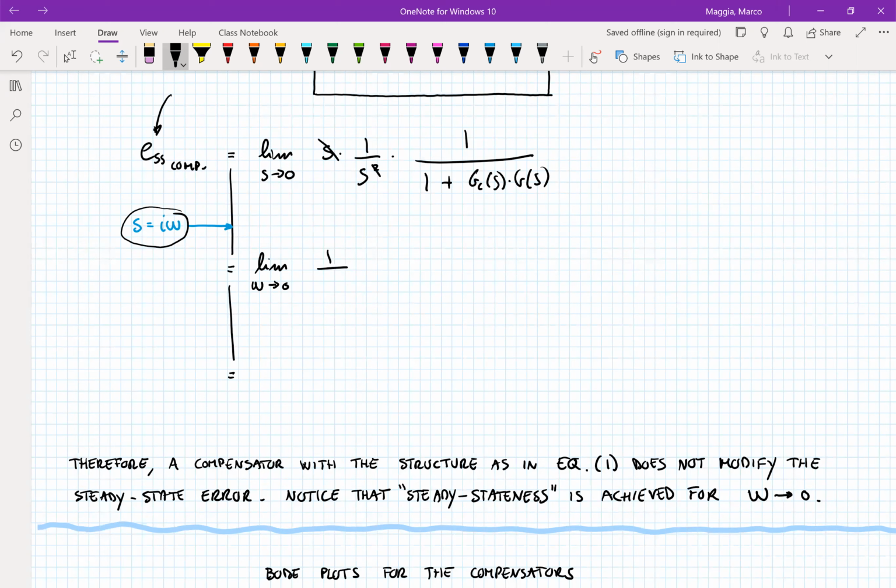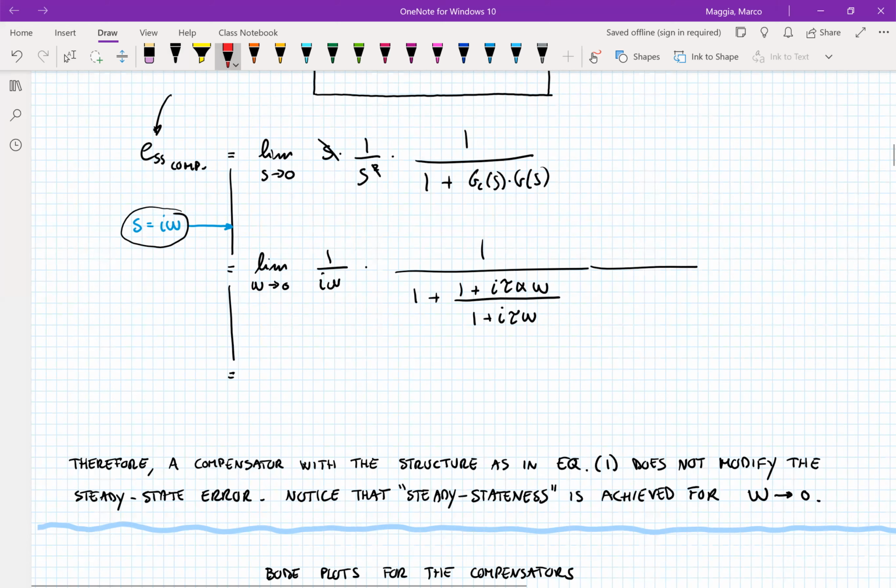So we have 1 over i omega times 1 over 1 plus, then we can write our transfer function for the compensator as 1 plus i tau alpha omega divided by 1 plus i tau omega.